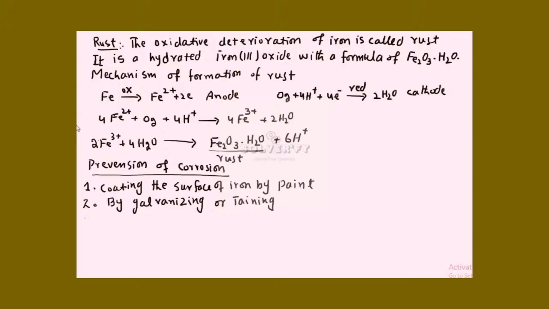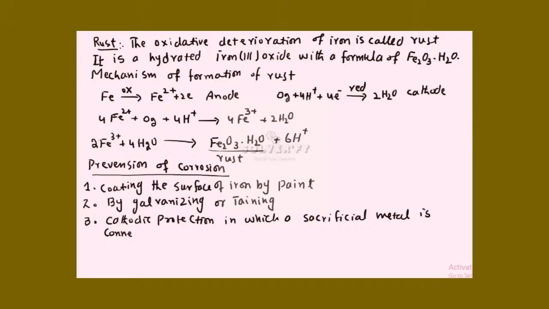And the third type of prevention is called cathodic protection, in which a sacrificial metal is connected with iron.